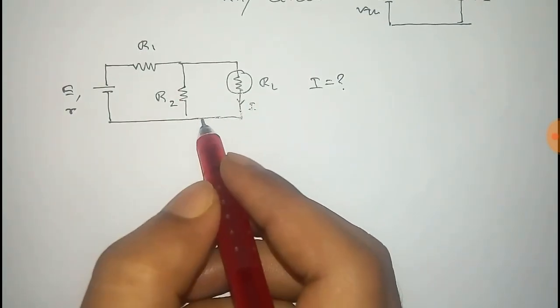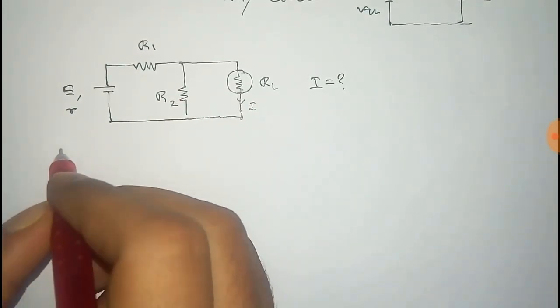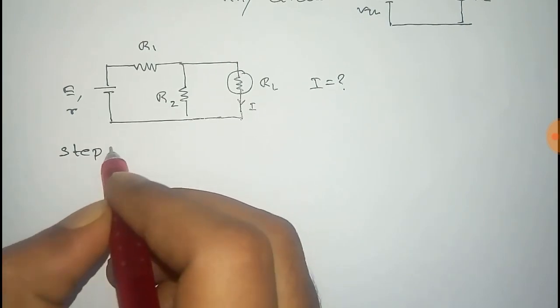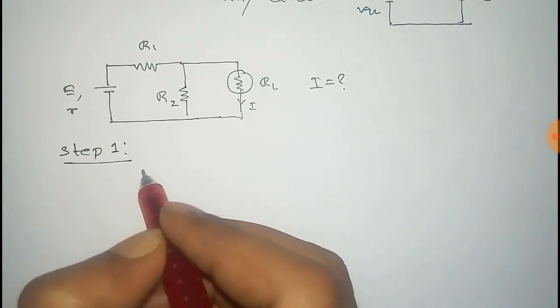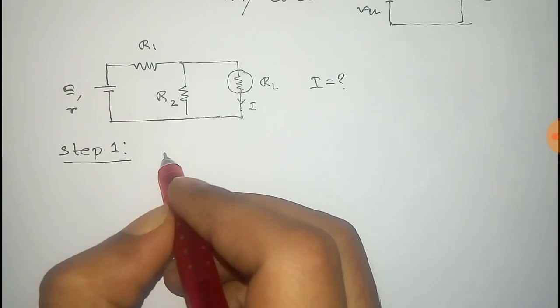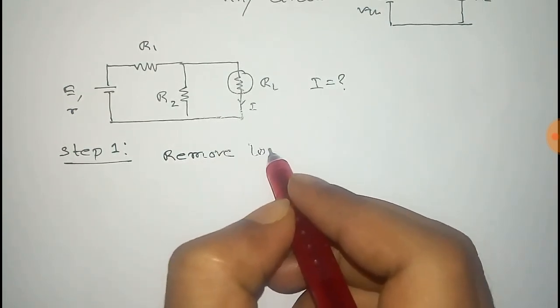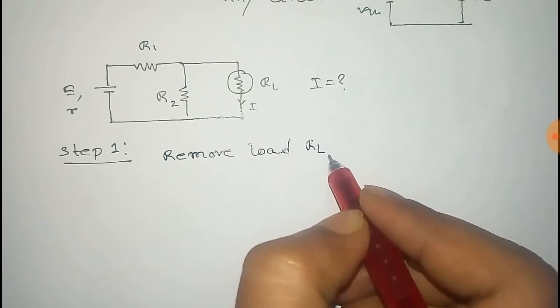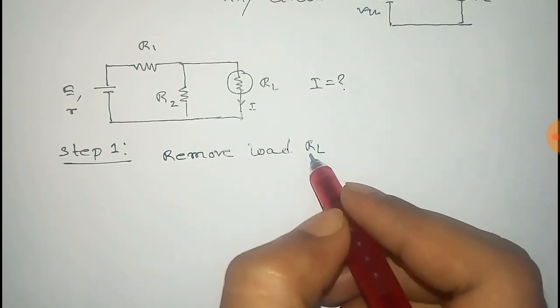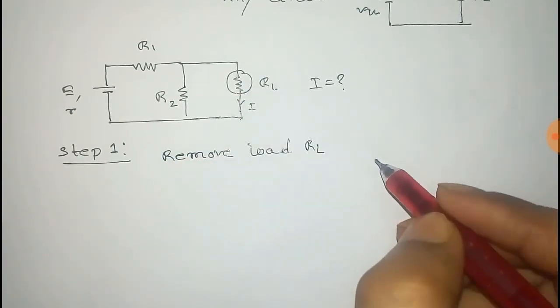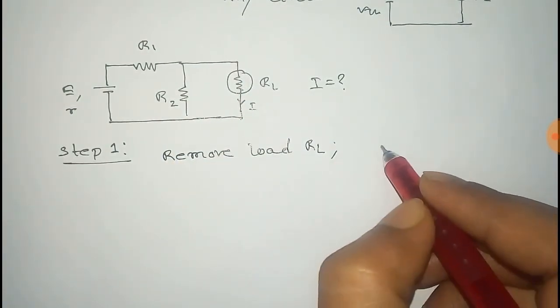So let's start. Step 1 to convert it to the Thevenin equivalent circuit: first of all, remove the load resistance RL. So remove this load and draw the circuit again.